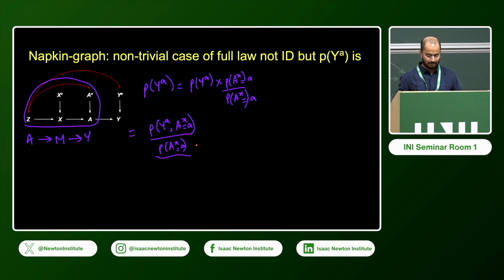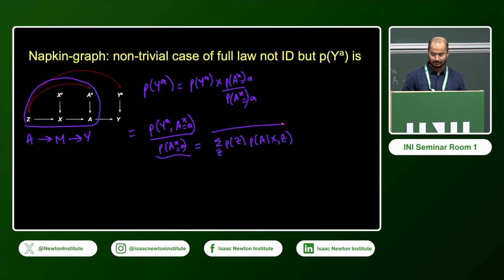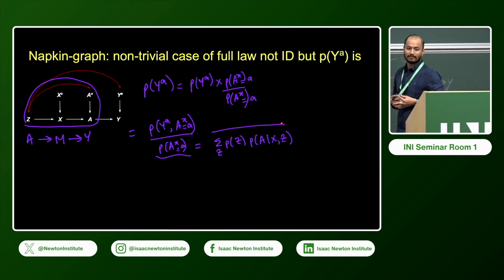So this denominator is equal to a summation over Z, P of Z, P of A given X and Z. That's front door with some relabeling.